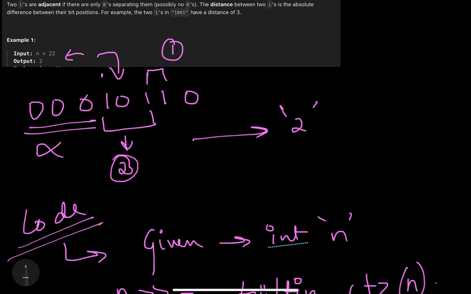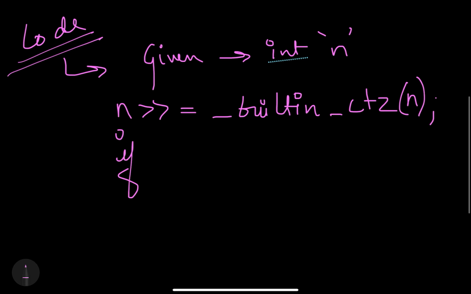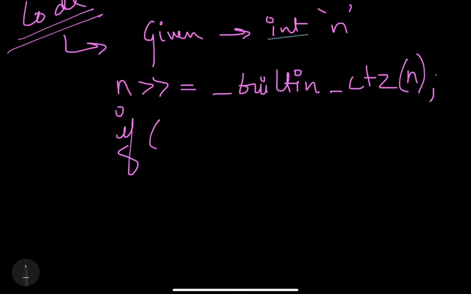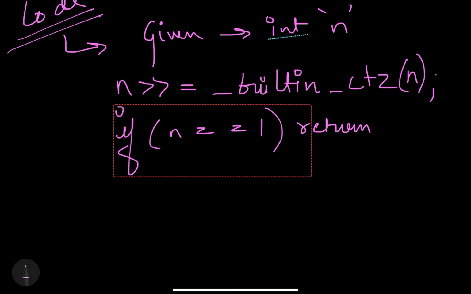Suppose this was the binary representation, so we'll ignore those zeros and start from when we encounter the first 1 bit. And if n is 1, then we'll simply return 0.